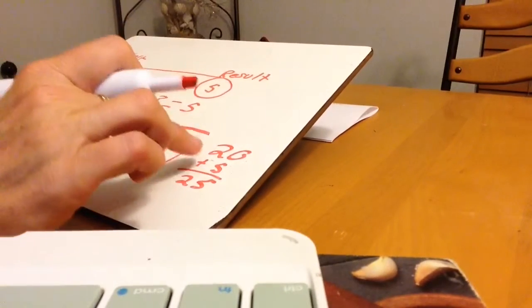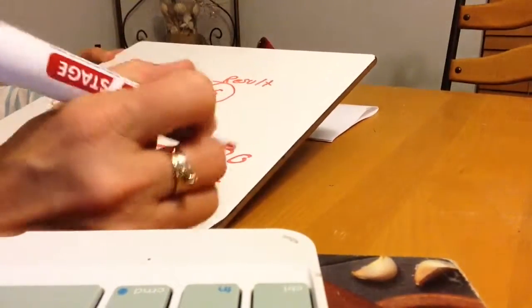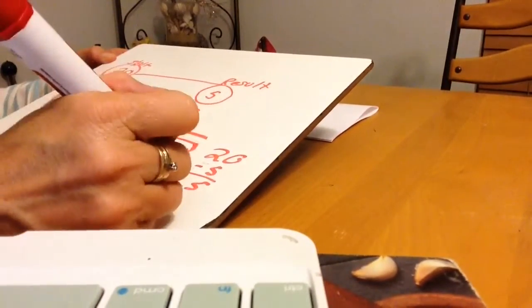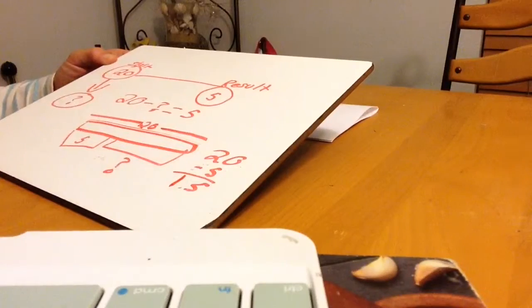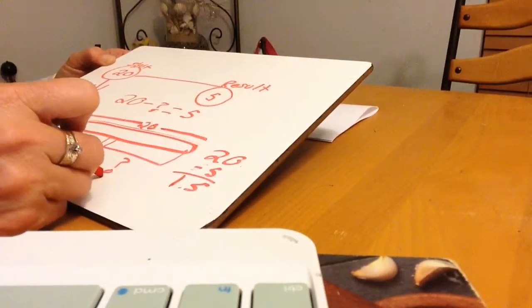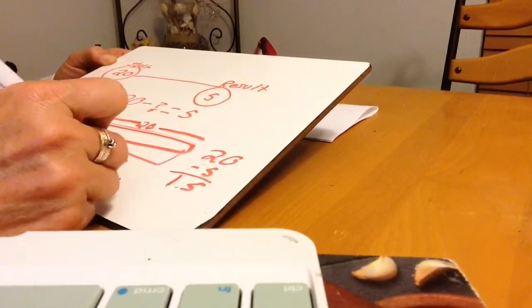And 20 minus 5 equals 15. So she gave Miles 15 Pokemon cards.